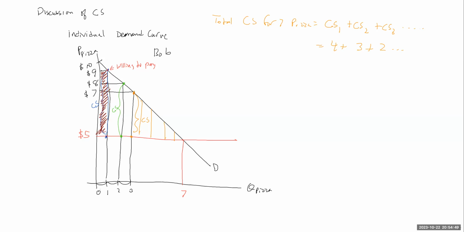That block, the shaded region, measures the consumer surplus of the first slice. This block is the second slice. This block is the third slice, fourth slice, etc. So we would have these staircase consumer surpluses.